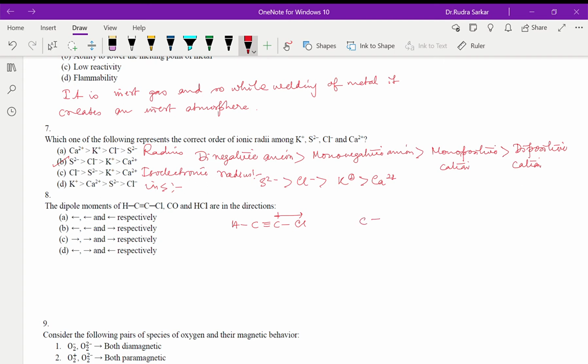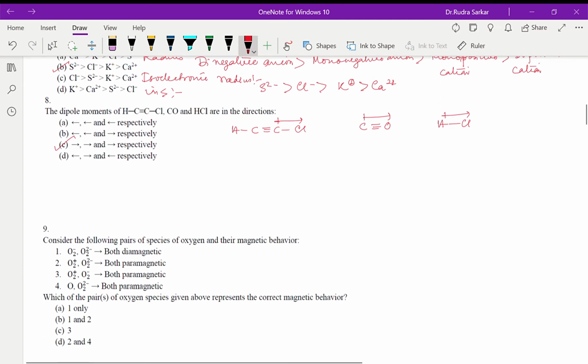In case of CO, also dipole moment is towards the oxygen because it is more electronegative than that of carbon. Similarly, in case of HCl, Cl is more electronegative than that of hydrogen, then dipole moment is from left to right hand side. So obviously we will say C is the correct answer over here.